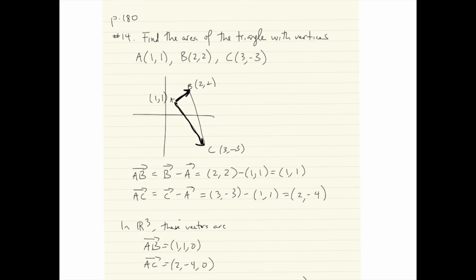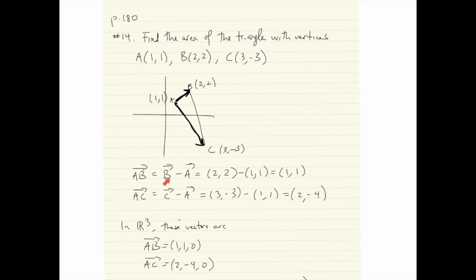And so this vector A to B is the same as the vector B minus the vector A. So remember, this notation, vector B, is secretly the vector that starts at the origin and ends at the point B. Likewise, the vector A starts at the origin and ends at A. And we've seen this formula follows from the addition law for vectors.